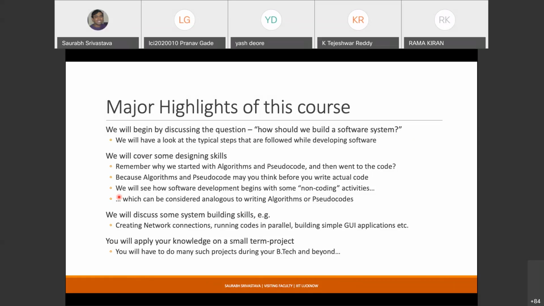We started with algorithms and pseudocodes because algorithms help you structure your thoughts better before you write some code. So similarly, we are going to do some non-coding activities in this particular subject, which are essentially a precursor to actually building a system. And we will learn some of these techniques in this course.